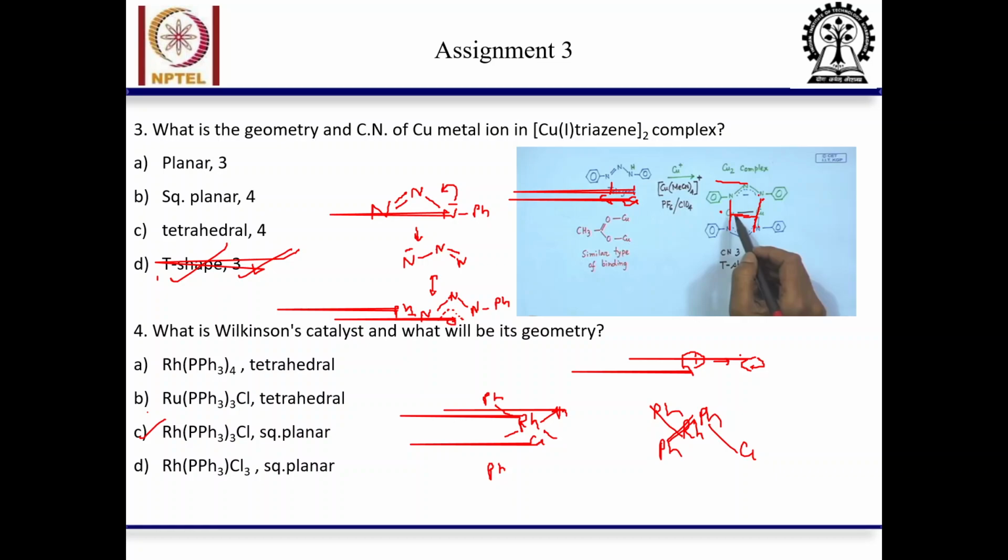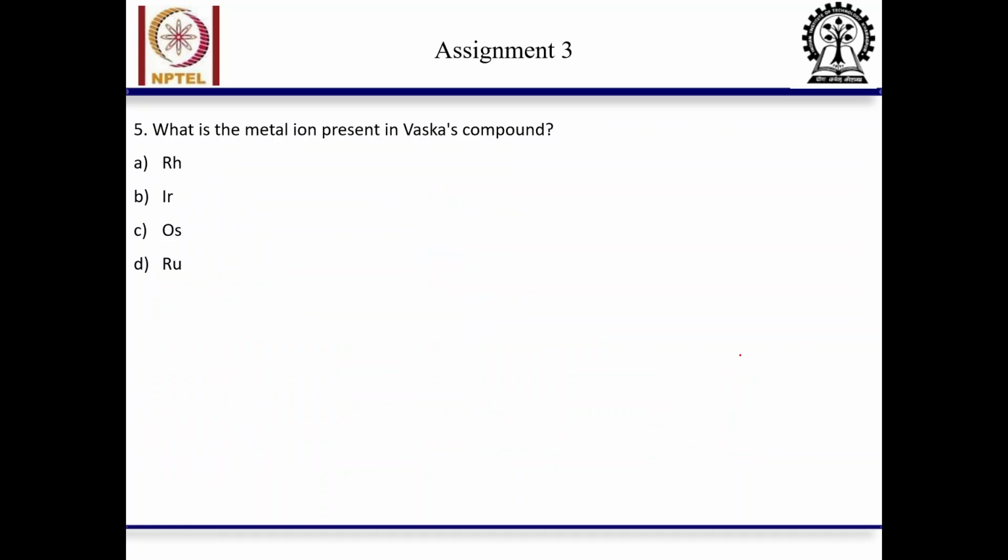Okay, I will go to question number 5. What is the metal ion present in the Vaska compound? Can anyone tell what is the metal ion present in the Vaska complex?